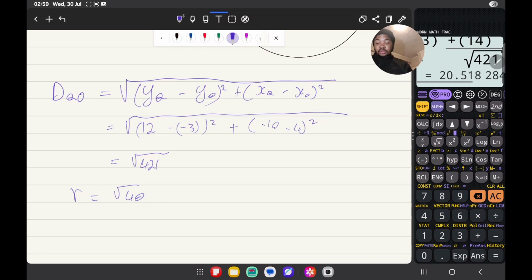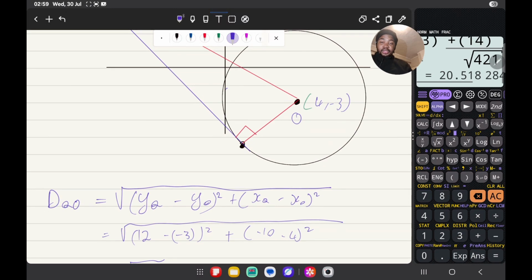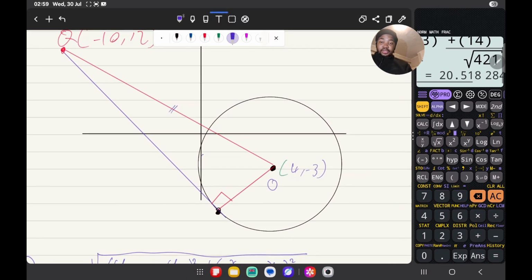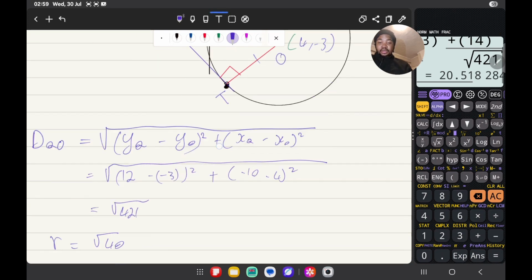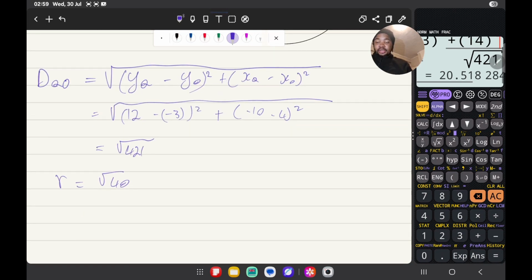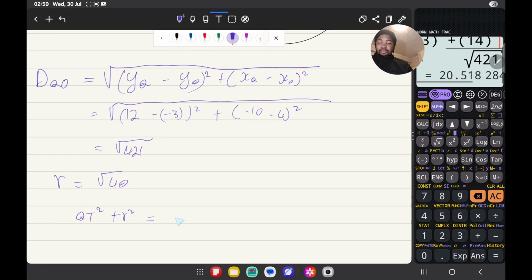So now we have the distance for this, we have the distance for this. Let's call my point T. So we can then say QT squared plus radius squared equals the hypotenuse, which is QO squared, right?